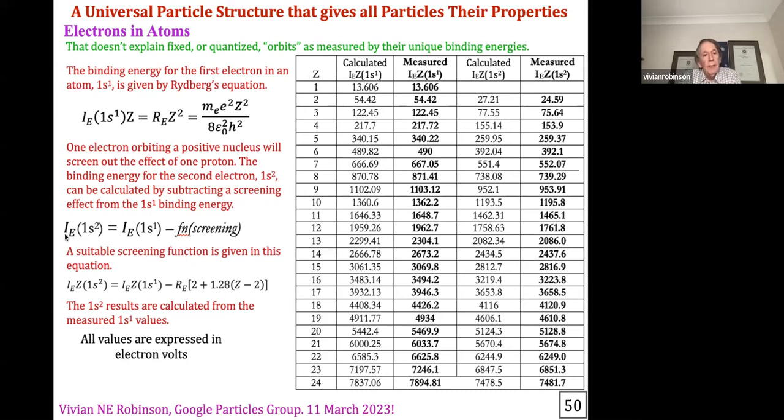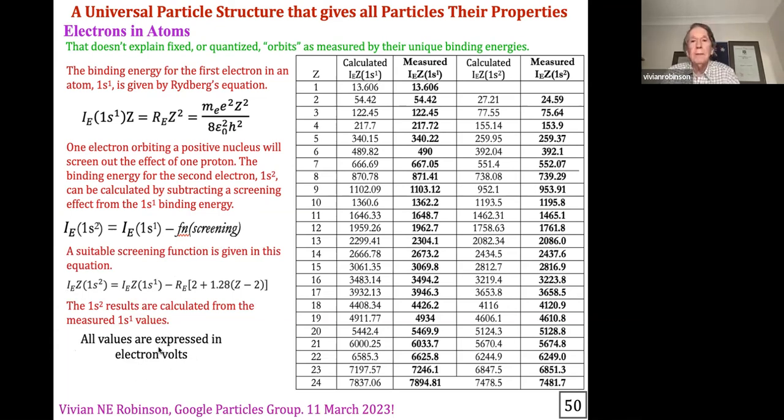So the binding energy of a 1s2 electron is basically the 1s1 electron minus some function of screening. Well, I suggest that this is one equation that is a screening, just one screening equation.